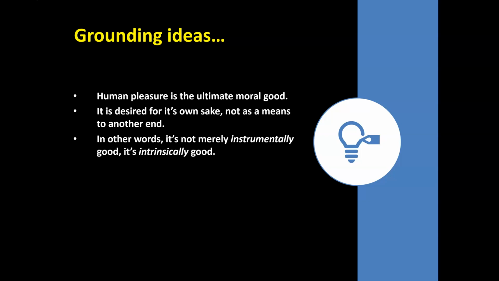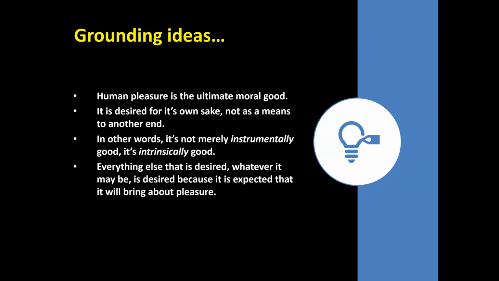We pursue pleasure, Bentham says, for its own sake, not as a way to get to something else. Everything else that's desired, whatever it may be, is desired because it's expected that it'll bring about pleasure. In other words, everything else we might want in life, we really want it because we think it's going to bring about this ultimate moral good, which is pleasure.